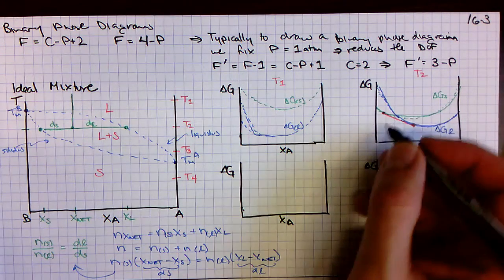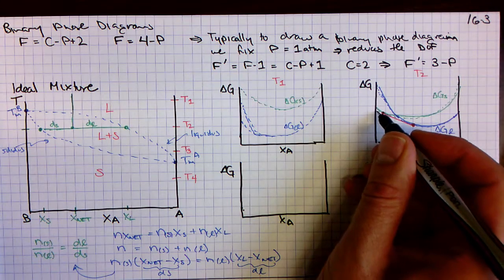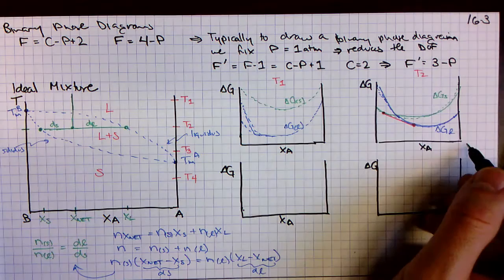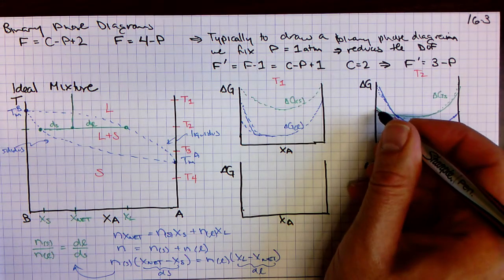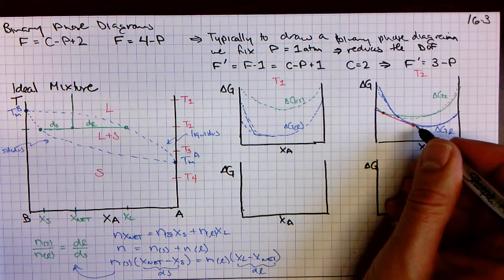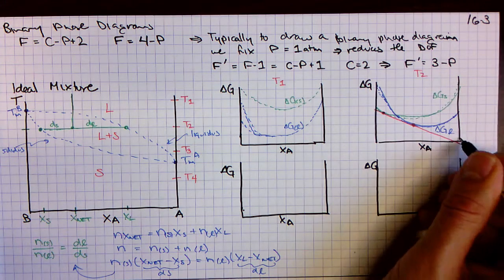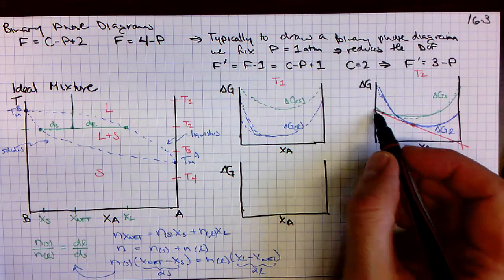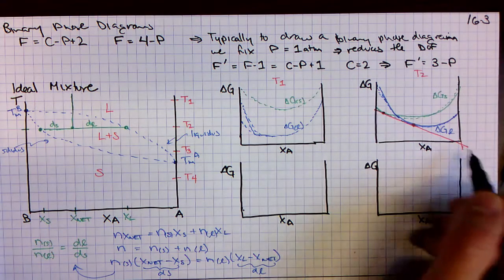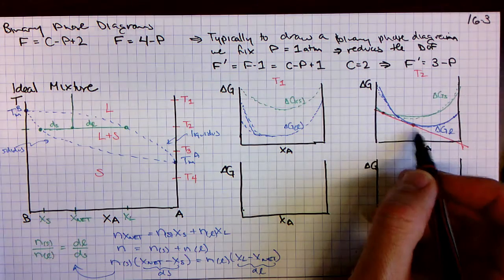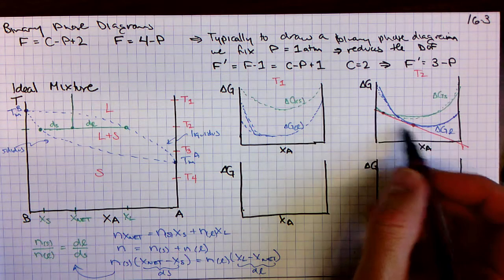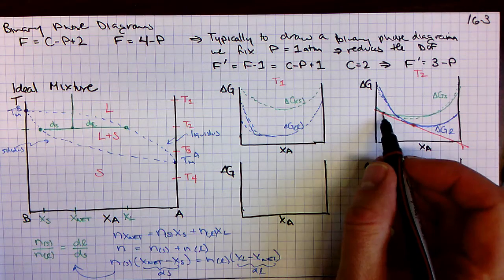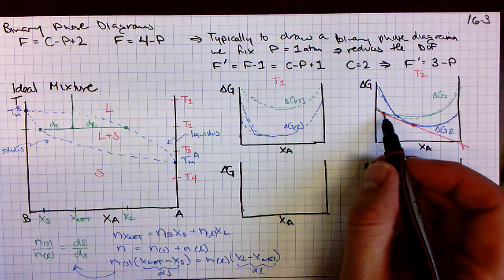So now remember, if we draw a line on a free energy versus composition diagram, the intersections of the line with the two axes on either side give us the chemical potential of the B constituent and the chemical potential of the A constituent. So if we can draw a tangent that goes through both of these points, that means the chemical potential of A and B at this point are equal to the chemical potential of A and B at this point.